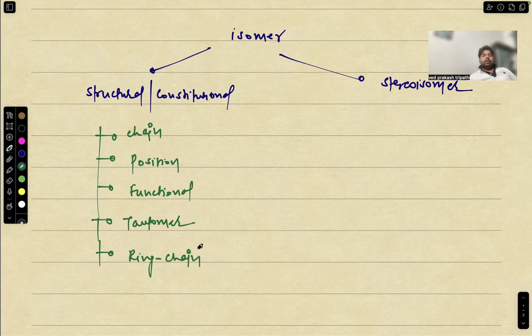So ring chain is not important and tautomer is a part of reaction as well, but we will cover the tautomer in this chapter. And stereoisomer is further divided into two types: configurational and conformational.